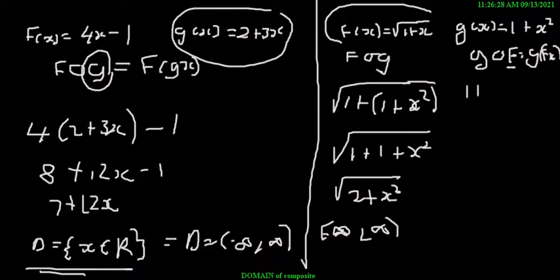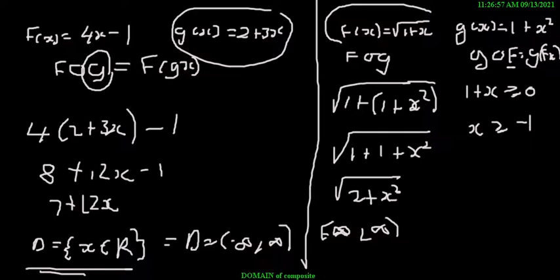We say, 1 plus x should be greater than or equal to 0, since we don't want any negative numbers under a root. So we take the 1 across, and x is greater than or equal to -1.